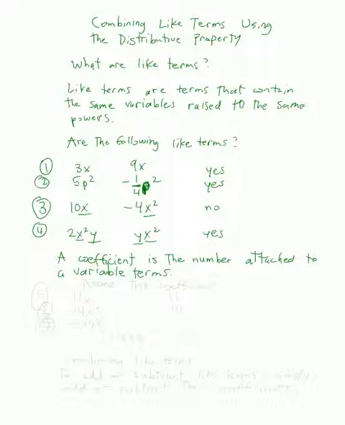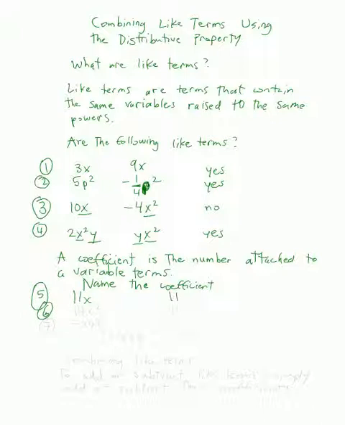Okay. So let's do a couple of examples. So for these few examples, I want us to name the coefficient. So number 5, 11x. So the coefficient of 11x would be 11.